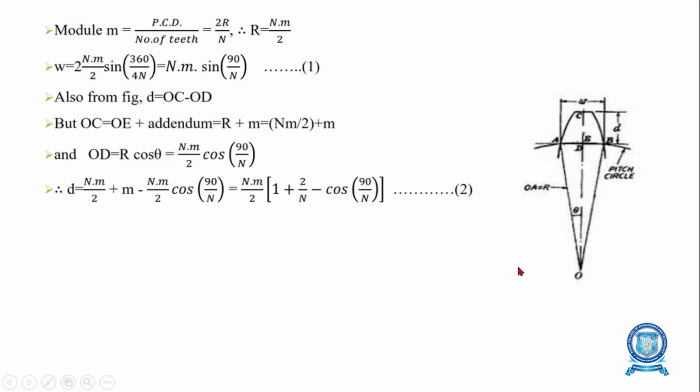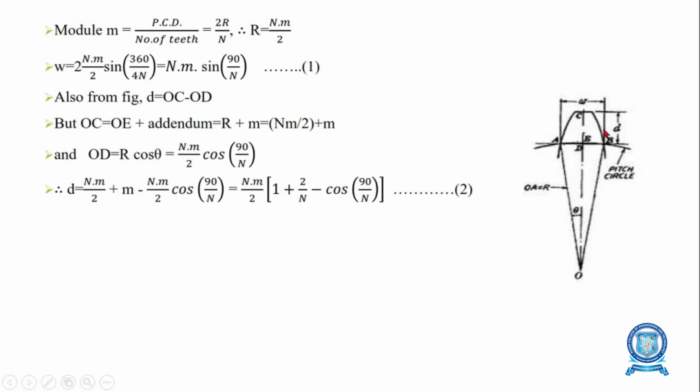From the figure, D is equal to OC minus OD. Here OC is equal to OE plus addendum, which is equal to R plus M, which is equal to NM divided by 2 plus module.